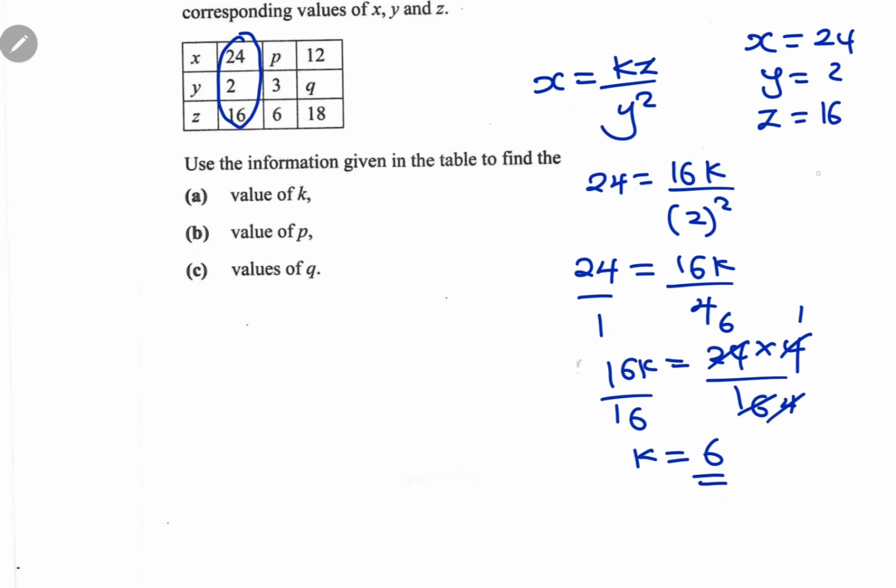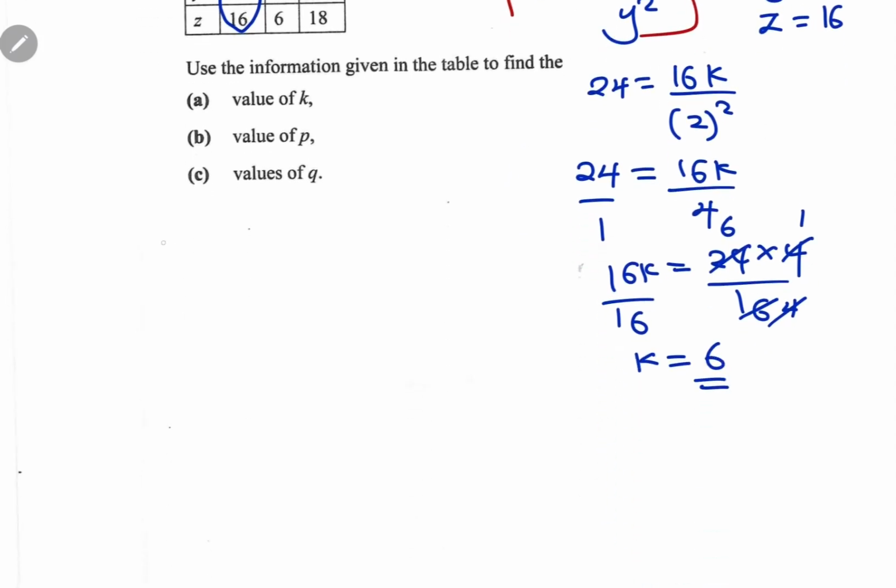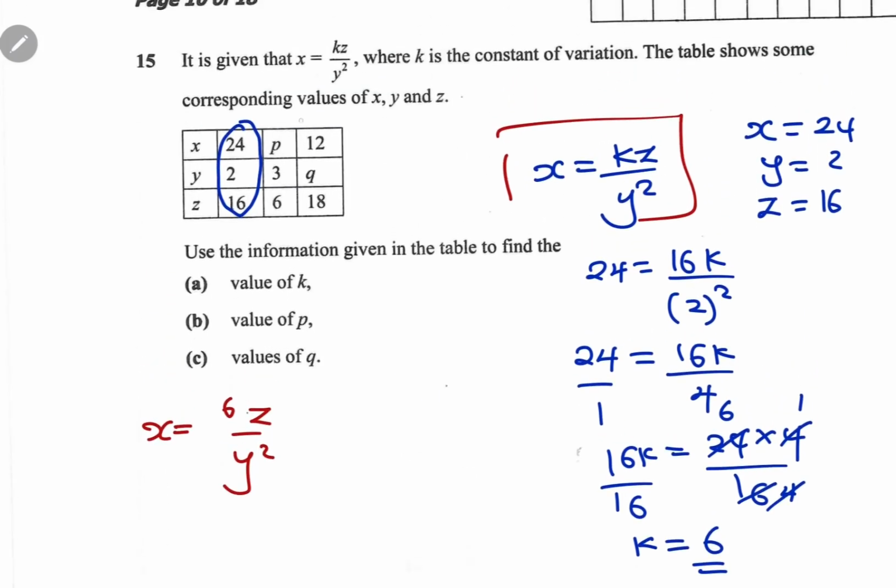Like for example on B, find the value of p. So to find the value of p, we are going to use the same relation, but of course this time around k replaced. So x is equals to kz, so k is 6, so we're going to have 6z divide y square. Now to find the value of p, you see p where it is, that is the value of x.